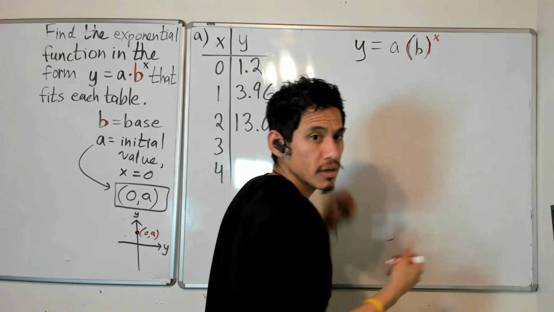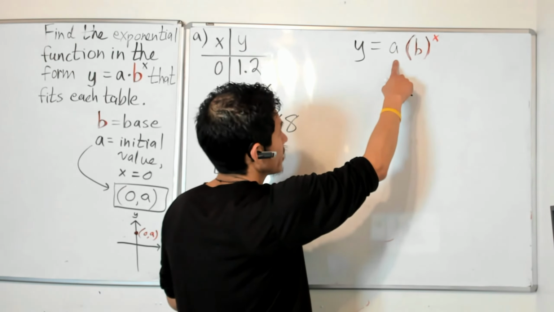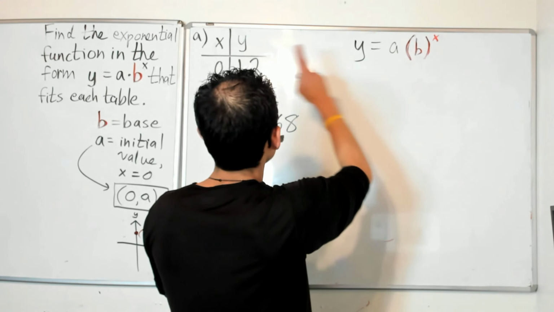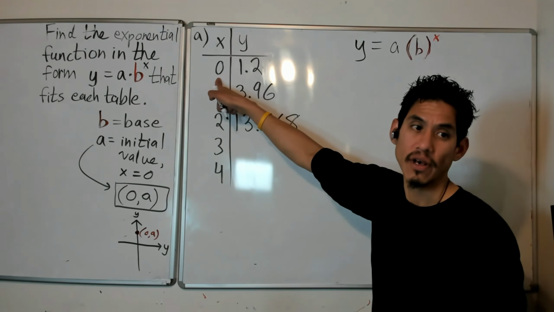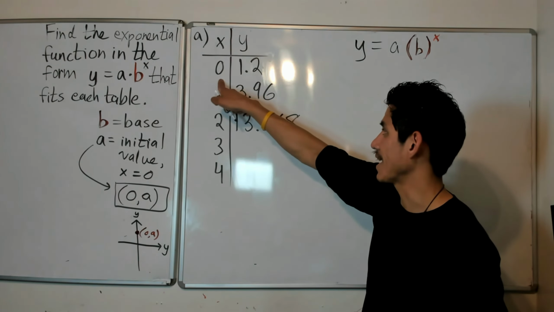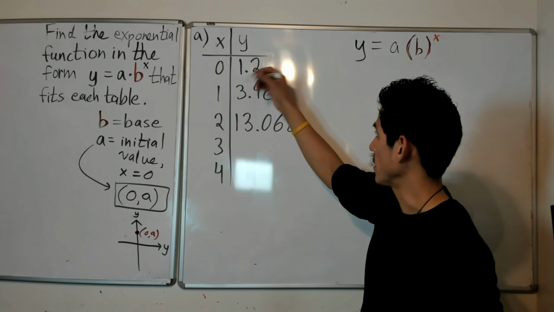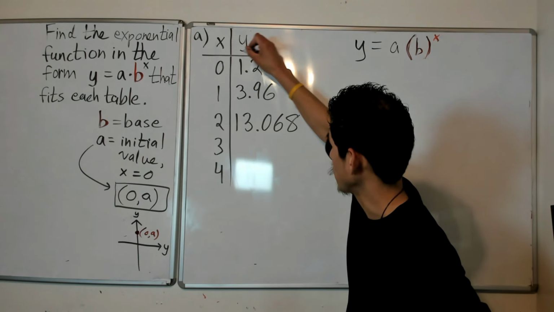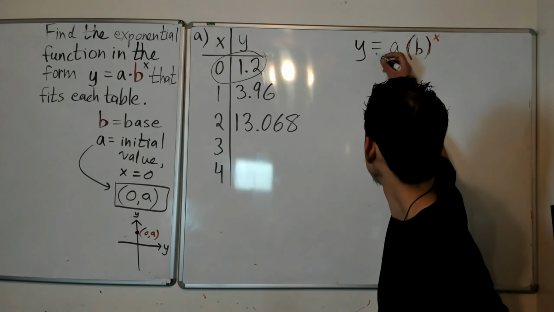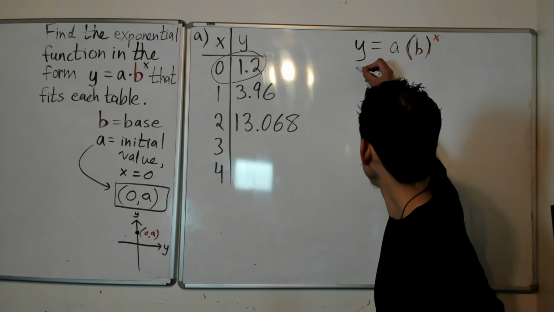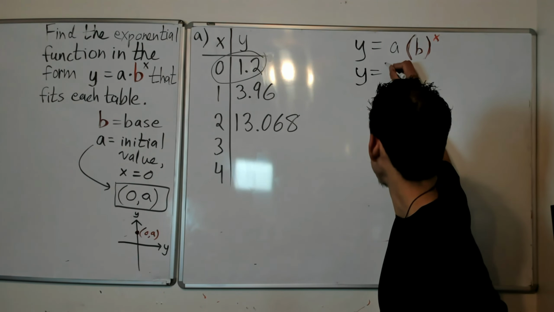So we want to find a and b. A is pretty simple in this table because we already have the y value for when x equals 0. That means the a value is going to be 1.2, because when x is 0, y is 1.2.